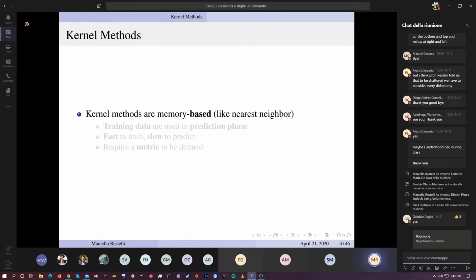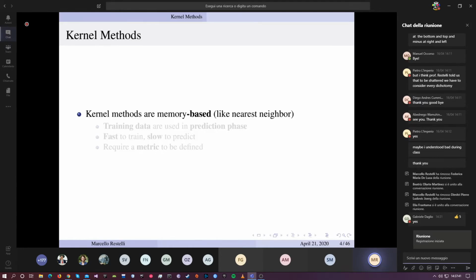And then you do averaging if you have to do regression, or majority voting if you have to do classification. But as you can imagine, with k-nearest neighbors, you cannot erase the dataset. You need the dataset. You have no explicit parameters of the model that encode your knowledge, because your knowledge is encoded in the training set. And so the training set needs to be preserved, because this is how you do the prediction. And as you can notice, when you use a memory-based approach like k-nearest neighbor, the training time is very small, or it doesn't exist.